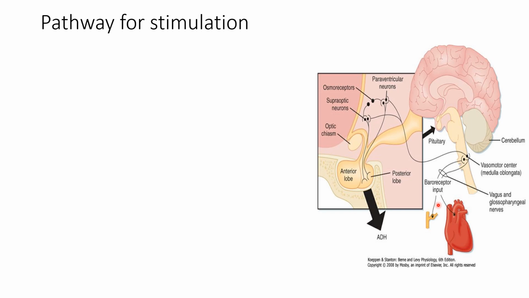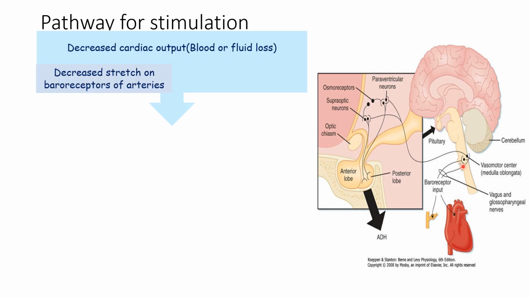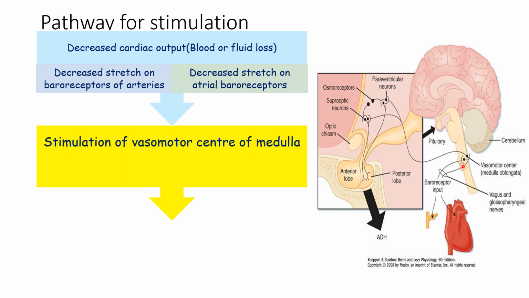Whenever they are stimulated, that means whenever there is a low volume of blood present in the atria, it will cause the stimulation of these receptors, leading to the stimulation of the vasomotor centers. These vasomotor centers, which are present in the medulla oblongata, will cause the excitation of the paraventricular neurons. And we know these paraventricular neurons are present in the hypothalamus.